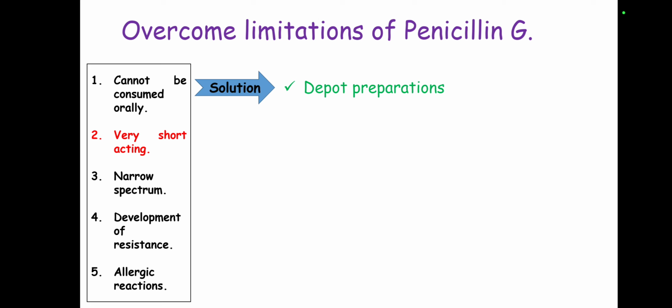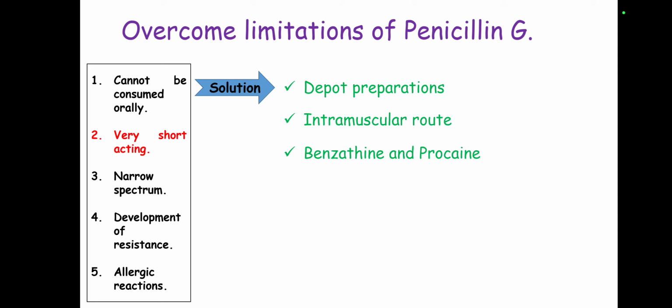Like if we give penicillin by intramuscular route and it is deposited in the muscles, it is called a depot preparation. An example is benzathine and procaine. If we attach benzathine or procaine to penicillin G, these compounds will hold the penicillin G in the muscle itself.